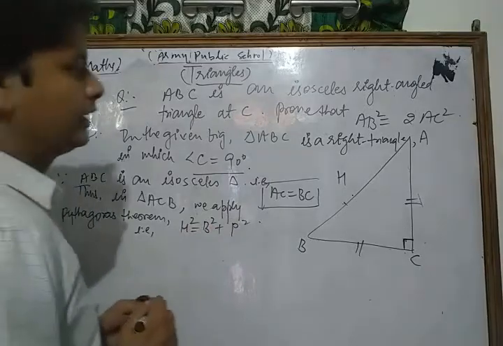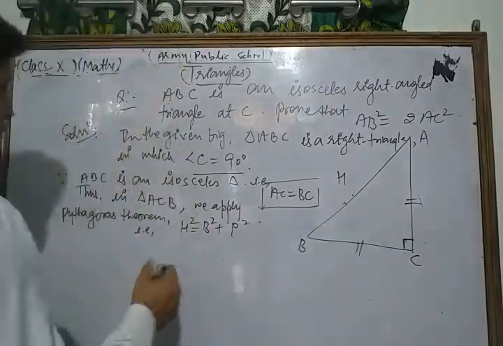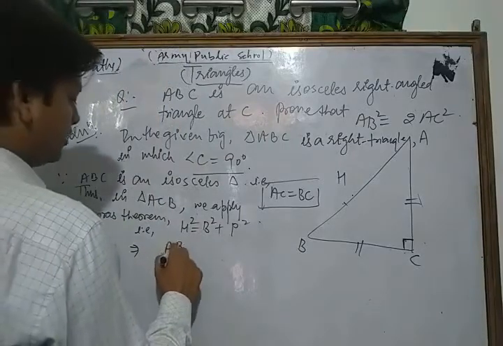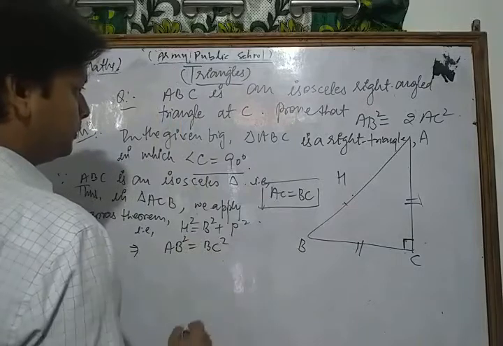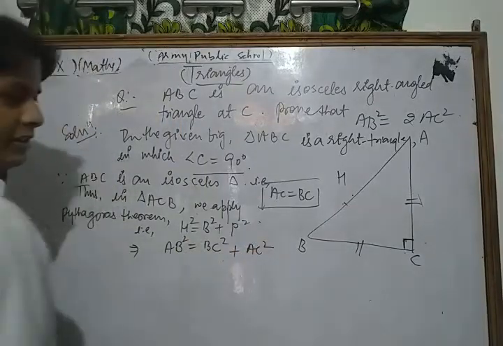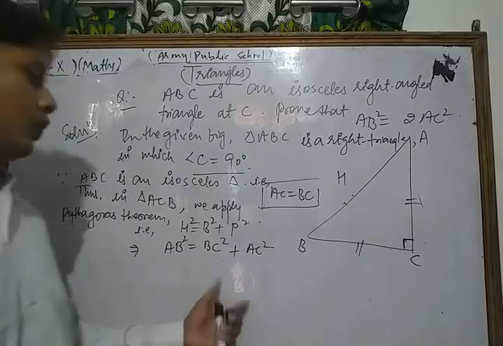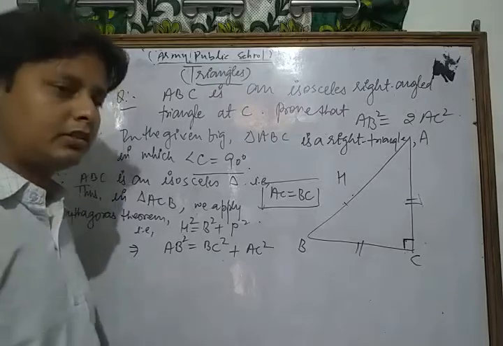In this figure, the hypotenuse is AB. So we write AB square is equal to BC square plus AC square. So according to the Pythagoras theorem, we get this relation.